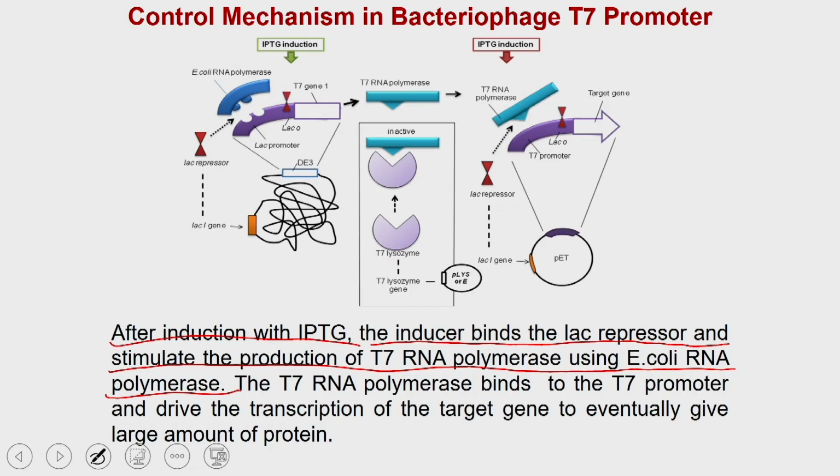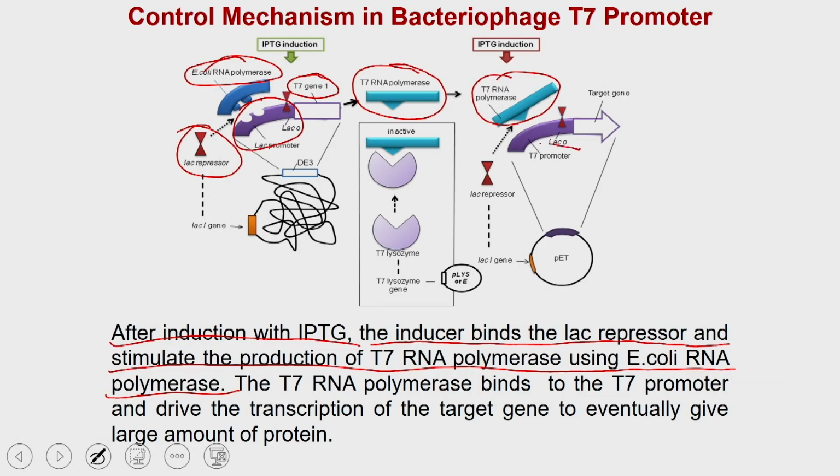Which means once you put the inducer, it will allow the E. coli RNA polymerase to go and bind to the lac promoter, and under the influence of the lac promoter you have the T7 gene which is going to produce the T7 RNA polymerase, and once the T7 RNA polymerase is produced, it will go and bind to the T7 promoter, and that will drive the transcription of the target gene.